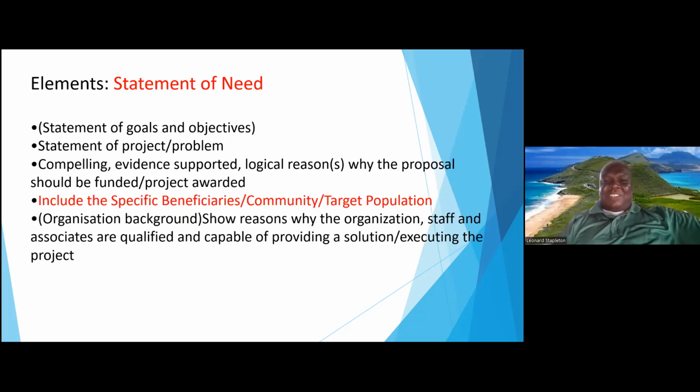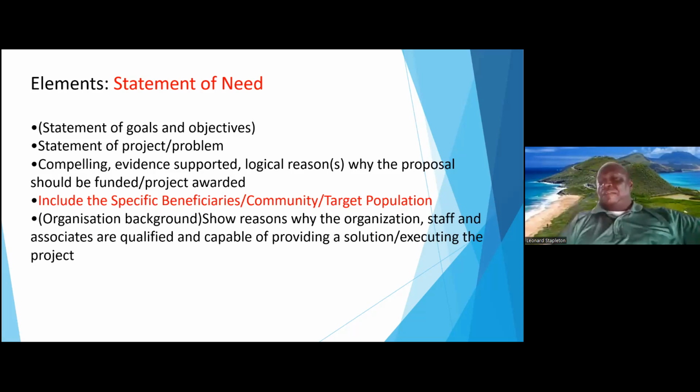Again, your organization background. And now you're showing reasons why your organization and the staff and associates are qualified and capable of providing the solution that you say you're doing with your project.